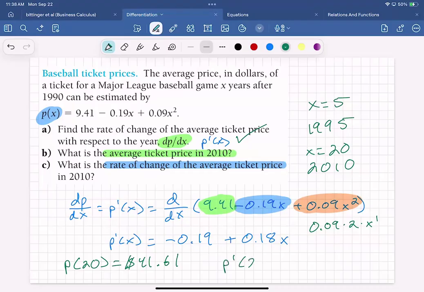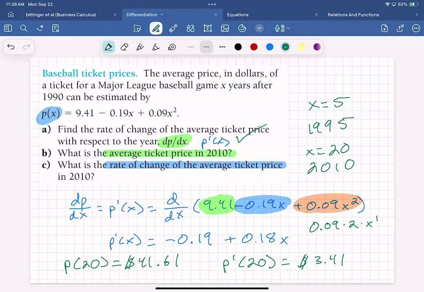Well, P prime of 20, we now got to use our other function, right? This time we got $3.41.